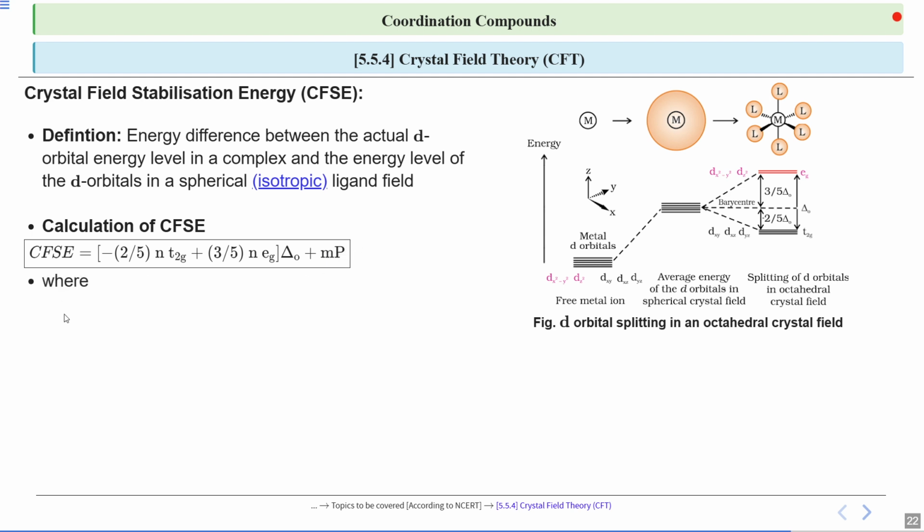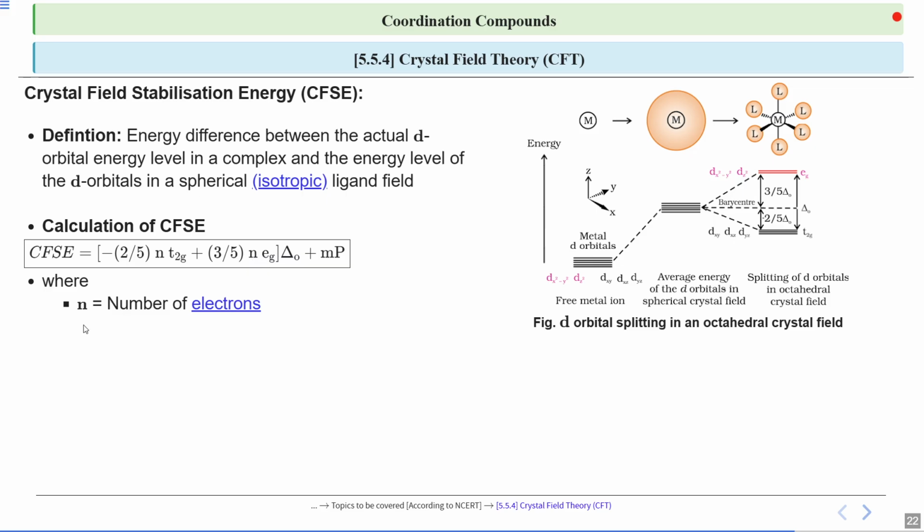Here n represents the number of electrons occupying the t2g orbitals, with the minus 2 by 5 factor, and 3 by 5 n is for the number of electrons occupying the eg orbitals.